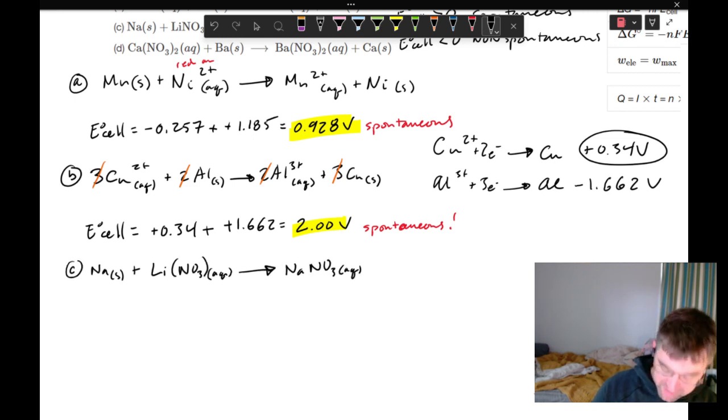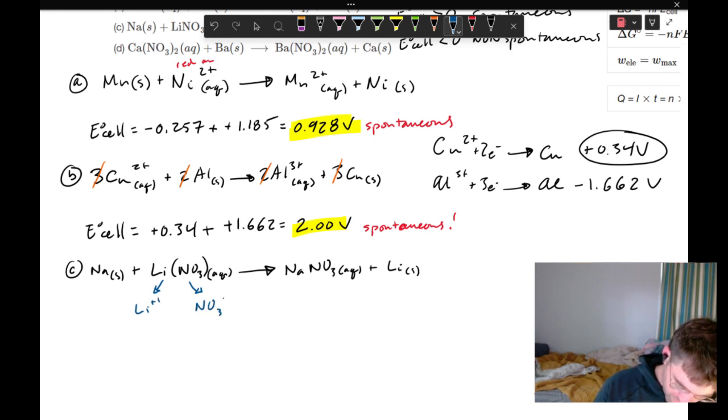So this is a simple exchange reaction. And we know that is a redox reaction. All we really need to remember here is that in aqueous solution, the lithium is going to dissociate from the nitrate. We know nitrate always has a -1 charge associated with it. And so we can infer that the lithium has a +1 charge in this aqueous state. So I'm going to go ahead and pull this down.